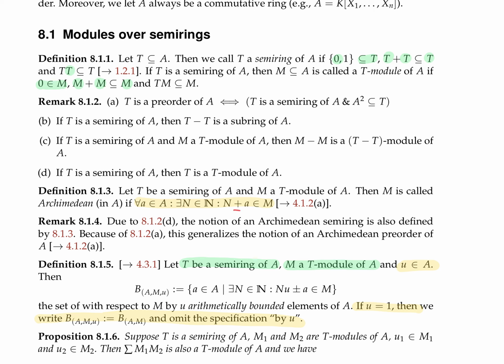Now you might say, why does that matter? Well, of course, if that's true for all A in A, then it's also true for all minus A. But the problem is for minus, the N might be a different one. So I have N1 plus A lies in M, and N2 minus A lies in M.